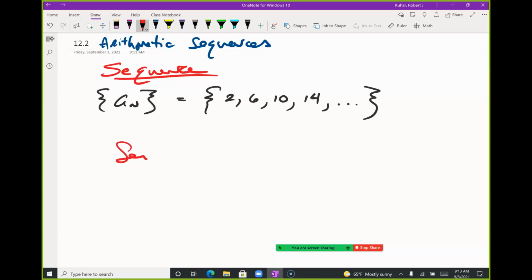And then my series is when I'm saying the sum of a sub n from n equals, let's say, 1 to 10, or a billion, or infinity. I can have an infinite sum as well. Will I get an answer from it? I don't know, but I could be talking about an infinite sum.